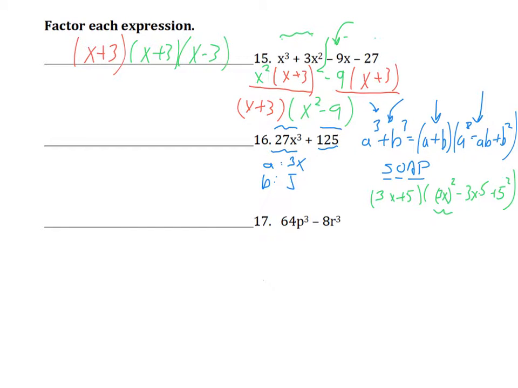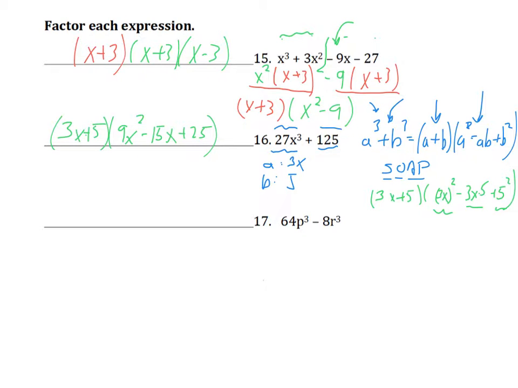We want to square the 3x, we want to multiply the 3 and the 5, and we want to square 5 before we write the final answer. So, final answer, 3x plus 5 times 9x squared minus 15x plus 25.